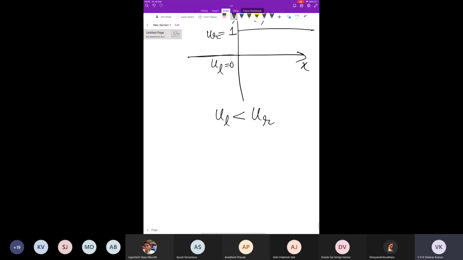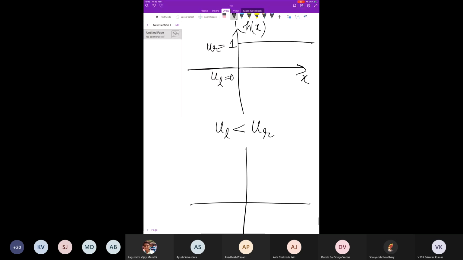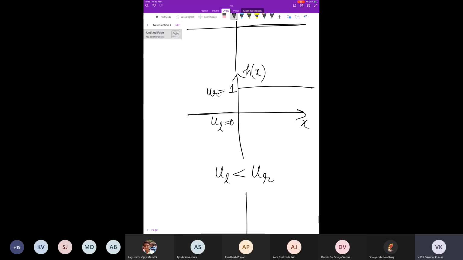What are the characteristics in this case? Here u_l is equal to 0. So how to draw the characteristic curves? This is our h of x.